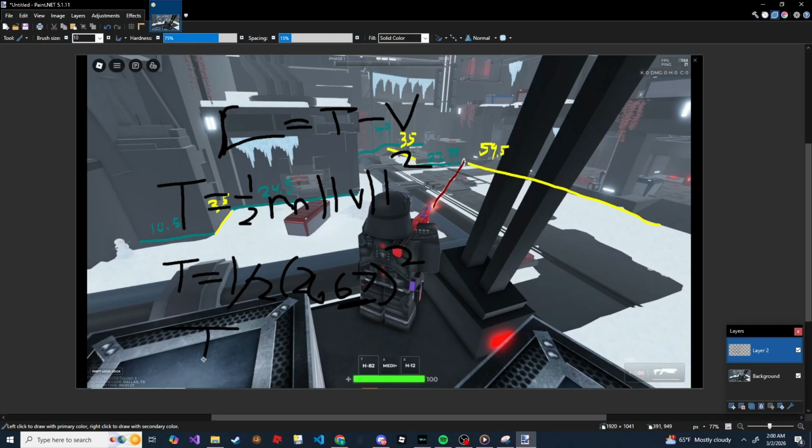Or, of course, we can write it simply as T is approximately 3.56 times 10 to the power of 8. So that is our kinetic energy.